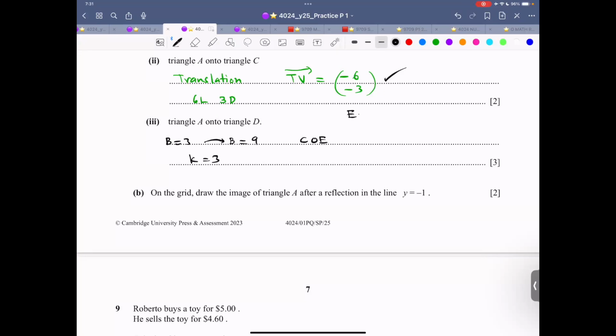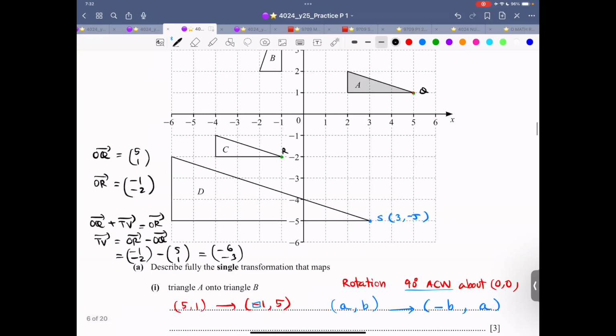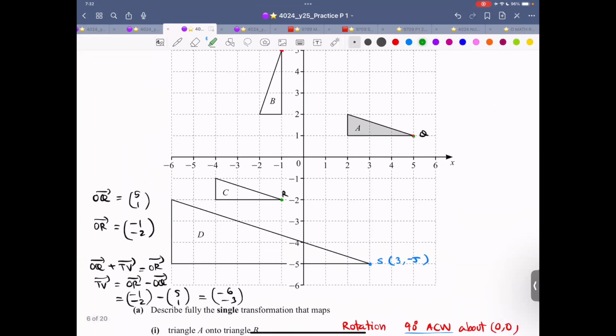So now what about the center of enlargement? First of all, we have to write it's an enlargement with scale factor 3 and center of enlargement. How do I find that? We join corresponding points. So let me join S and Q like this and extend this line.